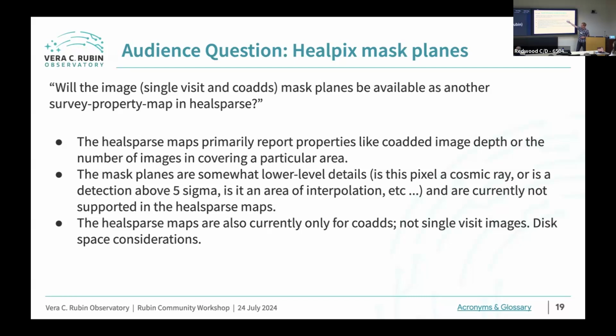We were not going to make HEALSparse maps for the mask planes. The mask planes are the detailed mapping of what bits are, what pixels in the image are detected and what pixels are cosmic rays and what pixels are saturated. That's all available to you in the processed visit images, and the HEALSparse property maps are more for higher level information.